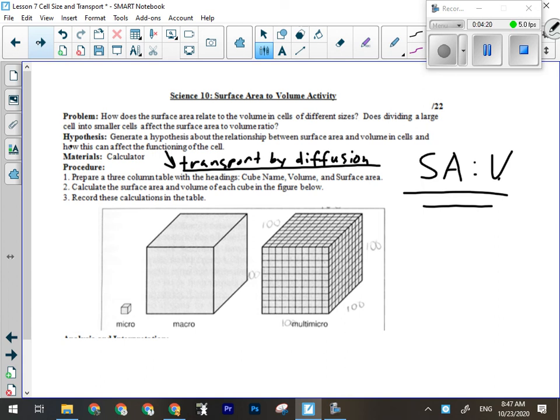And cell size affects transport. Not the then part, you have to make up. But here's what the then part needs to talk about. Tell me in the then part what will happen to cell transport as a cell gets bigger.